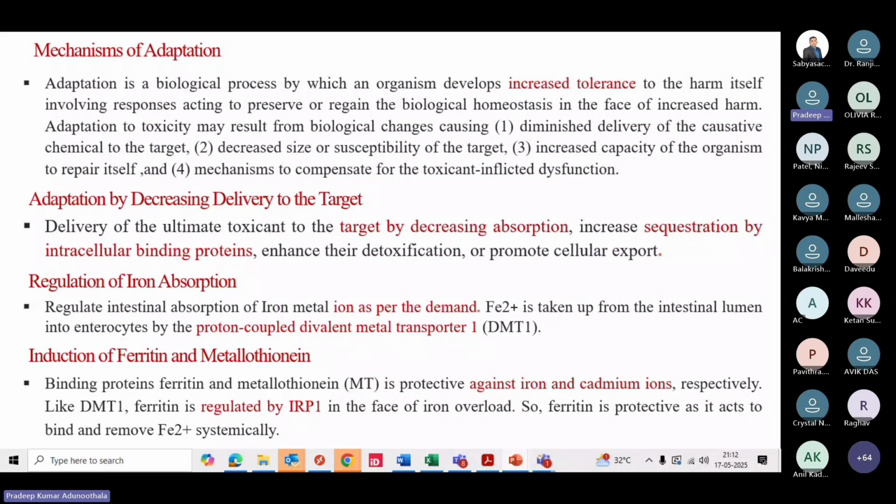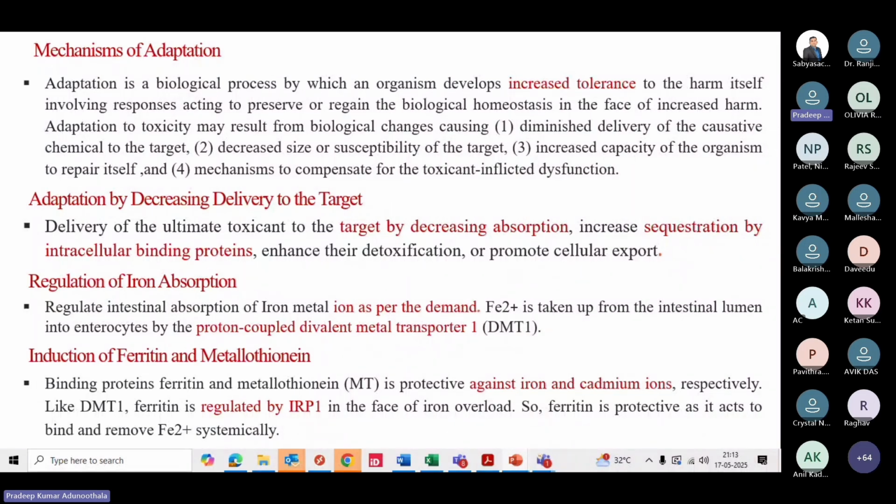This also happens by sequestration, where intracellular binding proteins bind to the chemical, so that absorption of the chemical will be less, and the toxicity will be less. And regulation of iron absorption.